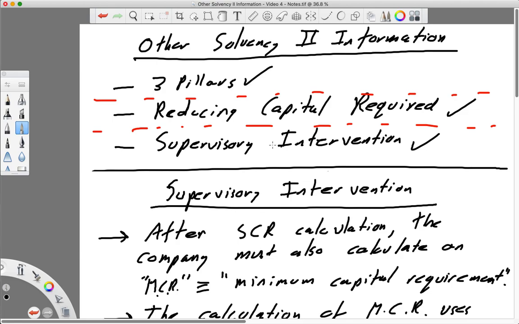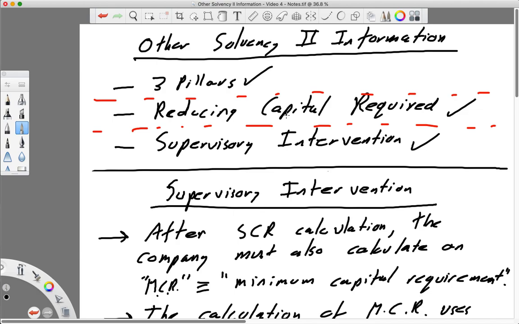We've done the two different ways in which you can reduce the amount of capital that is required. One of them is the matching adjustment, used a lot in the UK for companies that are using corporate bonds and other assets to back annuity type liabilities. And the other is the volatility adjustment, which is similar in that it is effectively also in addition to risk-free interest rates.